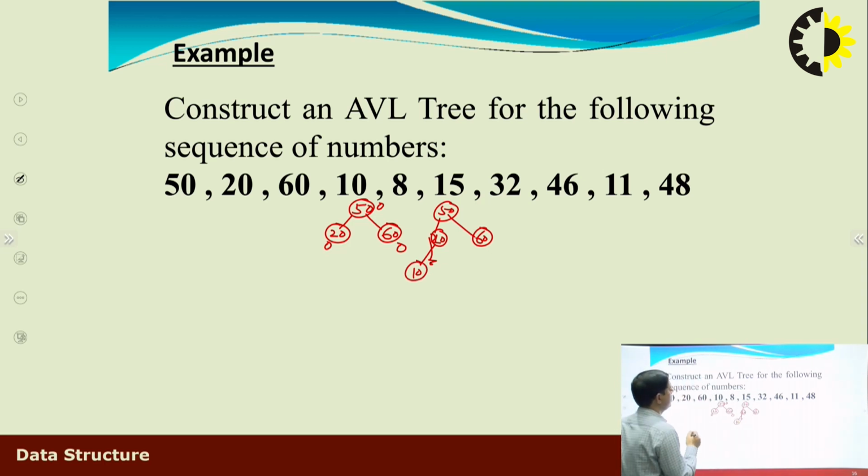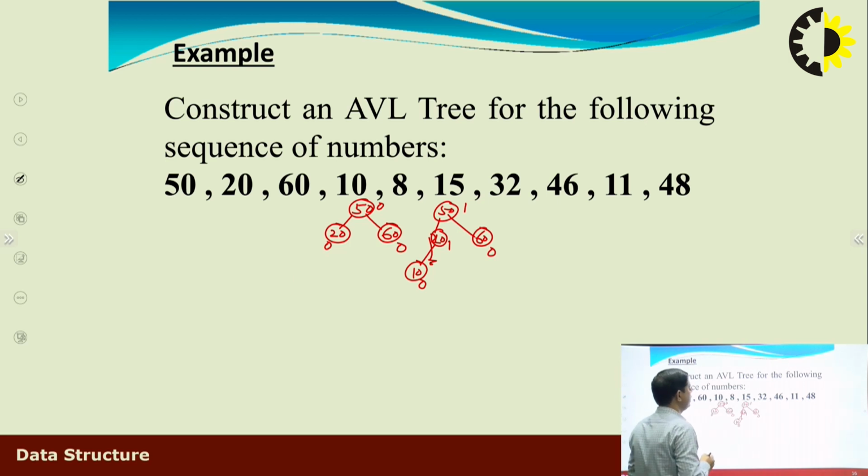Then after inserting 10, we will check whether the tree is balanced or not. For balancing, we will check the balancing factor. So for 10 it is 0, for 60 it is 0. If we are calculating at node number 20, that is 1 minus 0, that is 1. For 50, that is 2 minus 1, that is 1. That means the tree is balanced.